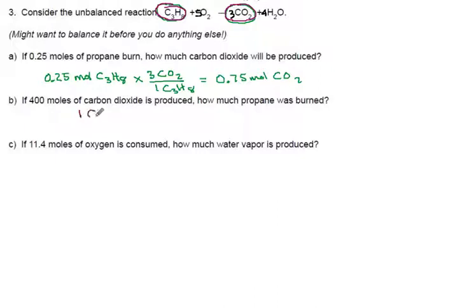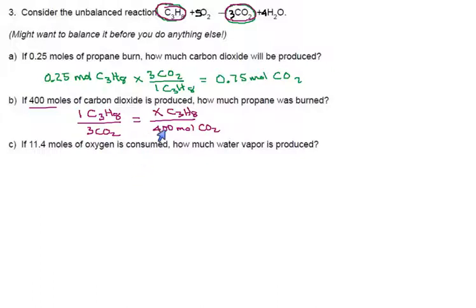So we can say 1 propane gets you 3 CO2. And then, for the given, they say we have 400 moles of carbon dioxide. So we're going to say, I don't know how much propane, X C3H8, and down here we have 400 moles of CO2.